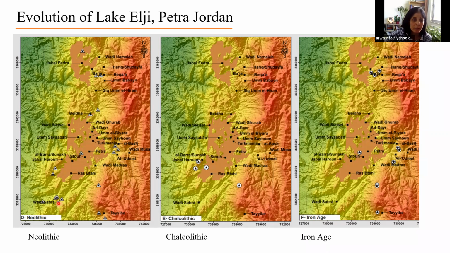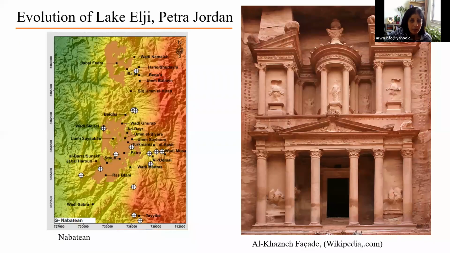The situation attracted Neolithic farmers to settle in the area, but they were still using the mountain tops and not deep down in the basin. This continued under the Chalcolithic and Iron Age settlements, only using the high tops of mountains for settlement.